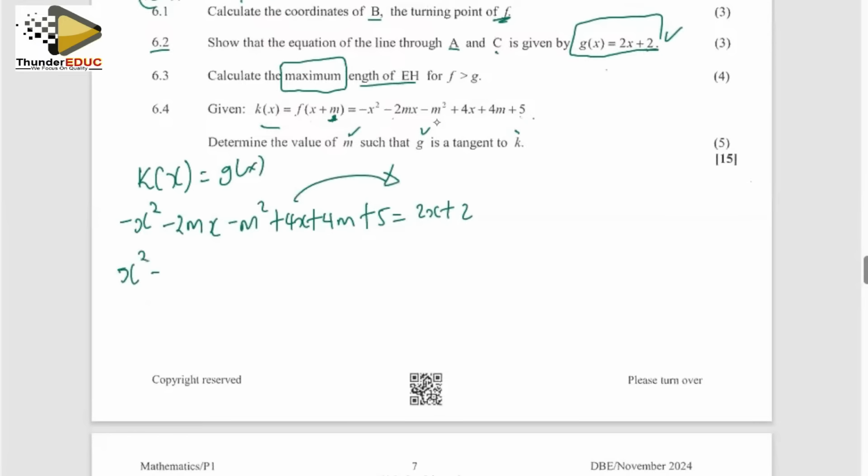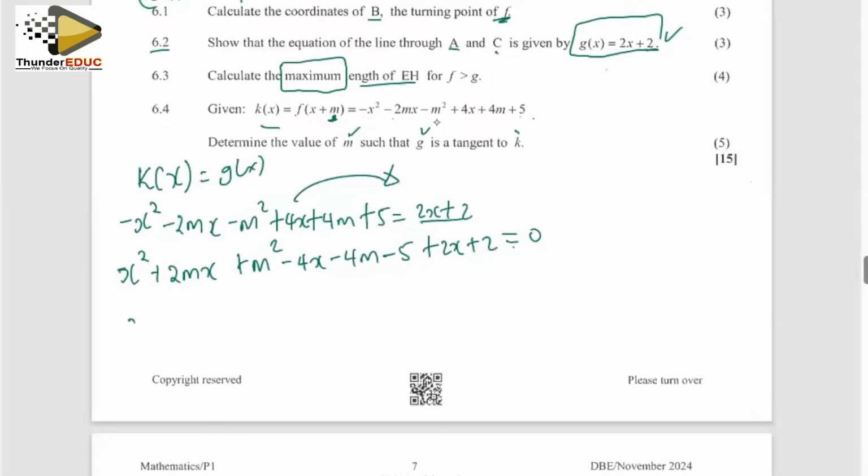So that's going to be x squared plus 2mx plus m squared minus 4x minus 4m minus 5 plus 2x plus 2. These signs stay the same. It's equal to 0. Doesn't matter where you put the equal sign, okay?